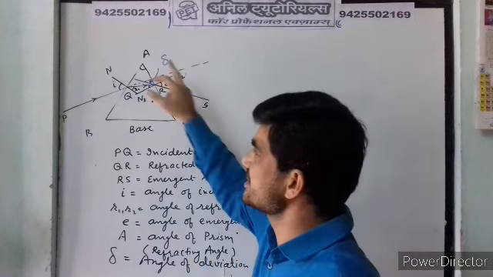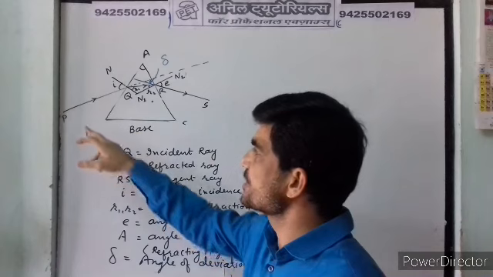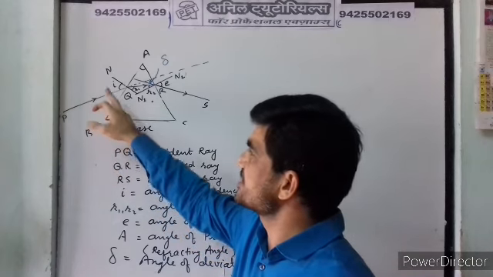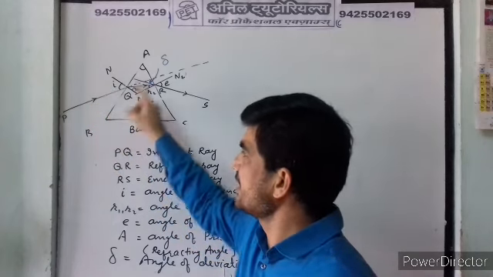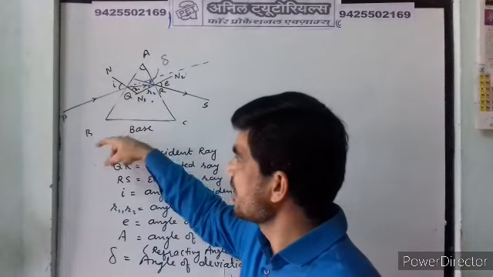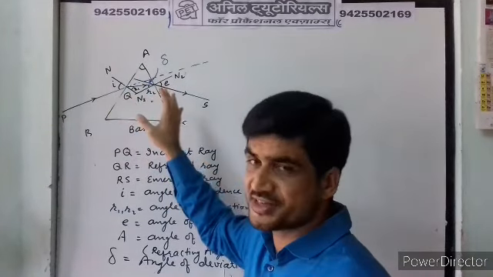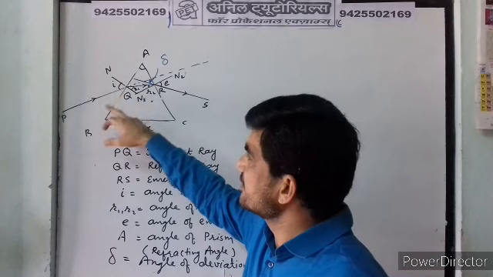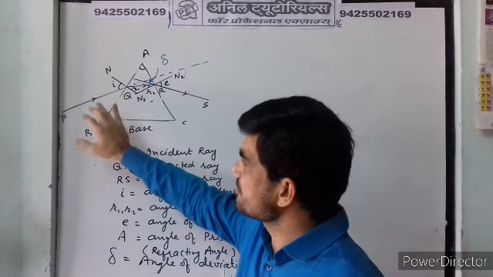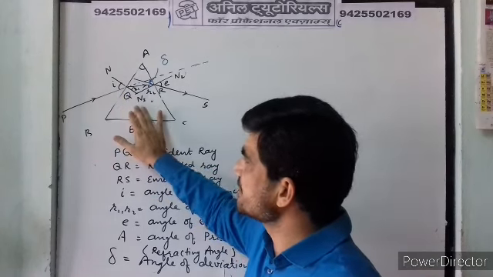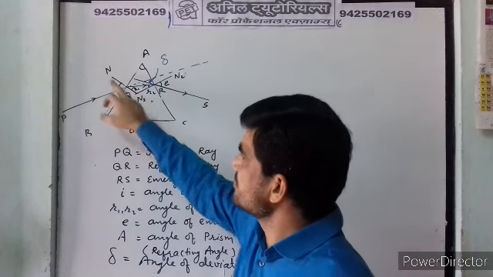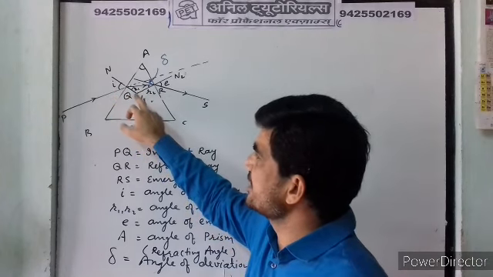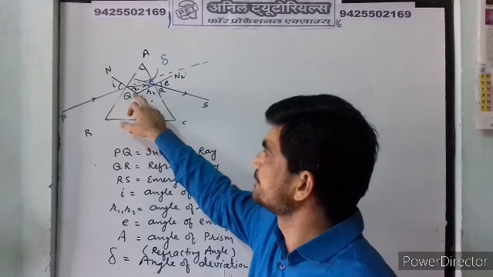So we have considered a prism on which I took one ray which is incident at an angle I with the normal at surface AB, and the ray suffers refraction. It's coming from a rarer medium to a denser medium, so it moves towards the normal N1 and makes an angle R1 here.